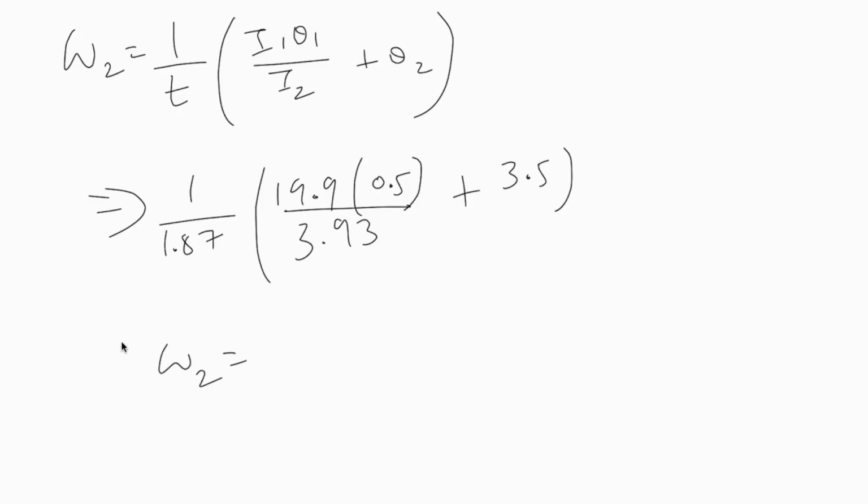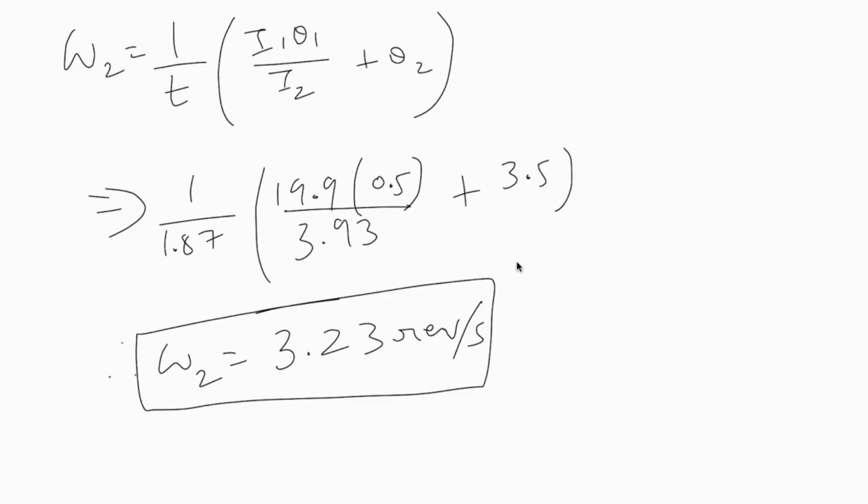Now on calculating, let me use the calculator, this value comes out to be 3.23 revolutions per second. You don't need to put that S, you can remove that S and just resort to revolutions per second. So this is the answer that we've got.